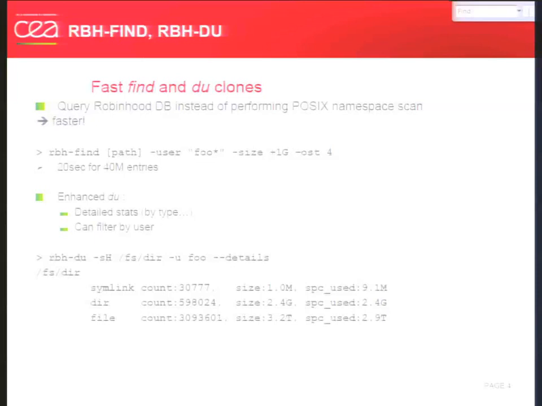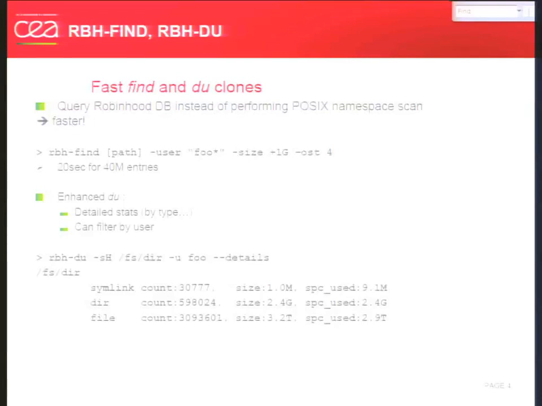Using rbh-find, you can query the database and do like any find. The syntax is really the same, and it's much faster than doing a find or LFS find. And you can do this as many times as you want. Here it was 20 seconds for 40 million files, so this is quite good.